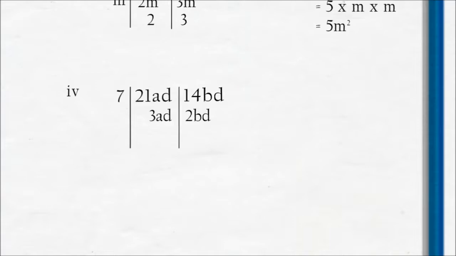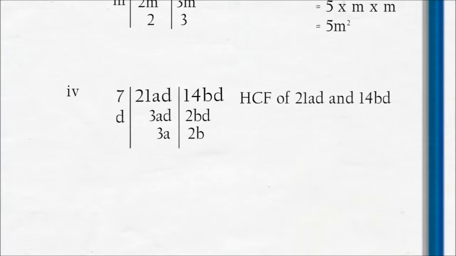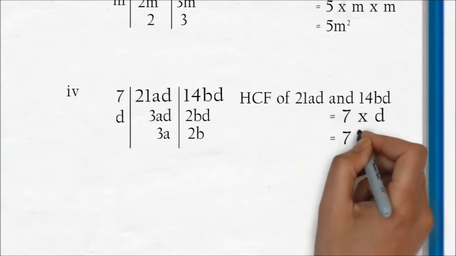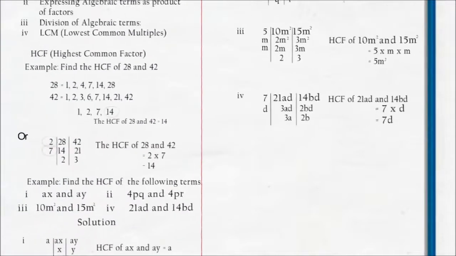That would be D. So we use D to divide both of them. D will go into 3AD, and we're left with 3A. D will go into 2BD, and we're left with 2B. Therefore, the HCF of 21AD and 14BD is equal to 7 times D, which is 7D.